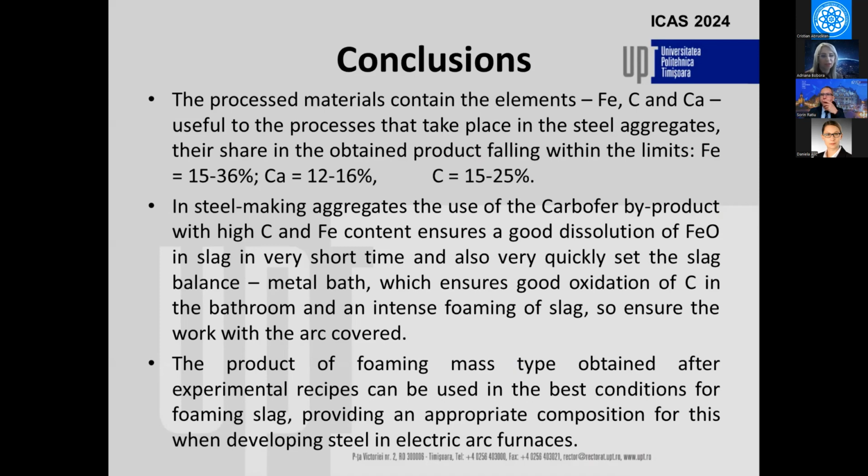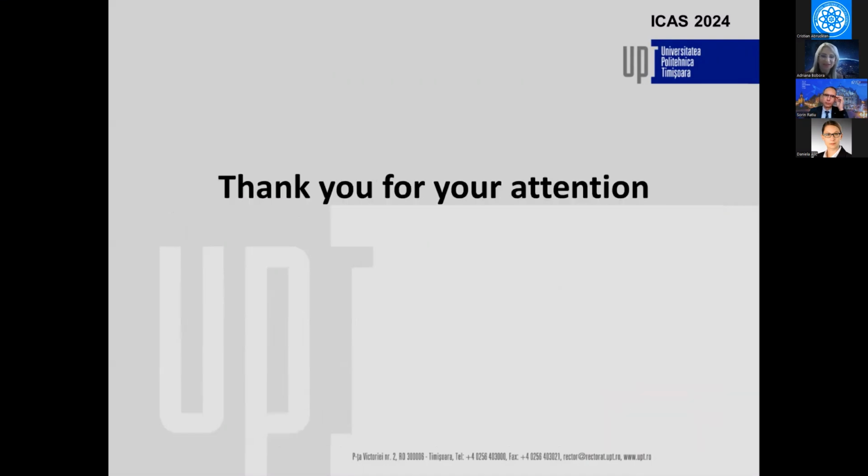The product of foaming obtained after the experimental recipes can be used in the best conditions for foaming slag, providing an appropriate composition when developing steel in electric arc furnaces.